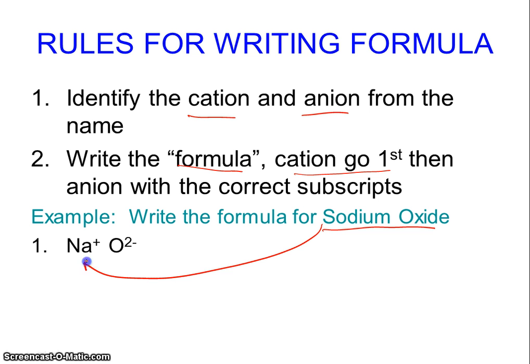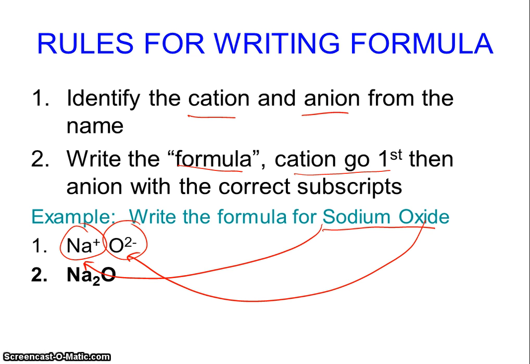Sodium is Na plus because it comes from alkali metal. Oxide is oxygen, it is O2 minus. Rule number 1, so you basically identify the cation as sodium plus and the anion as O2 minus. Now you know how to put them together.